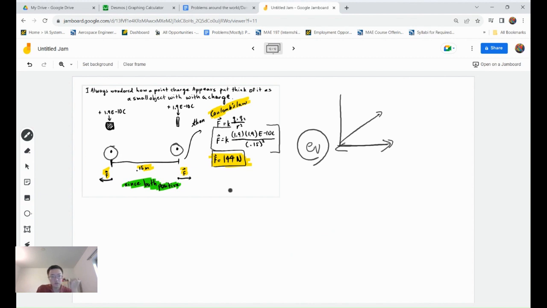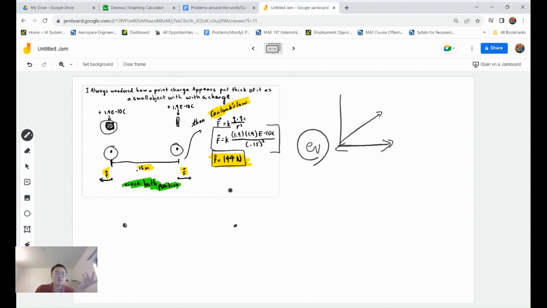Point charges are basically small objects that are so small you can consider them a point. That's what you should consider them to be. So how do you explain it carefully?